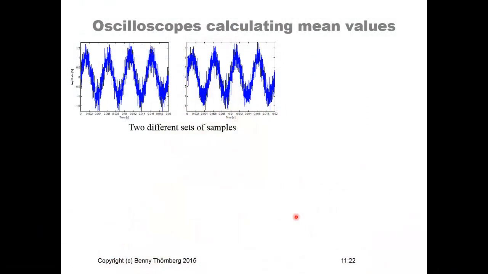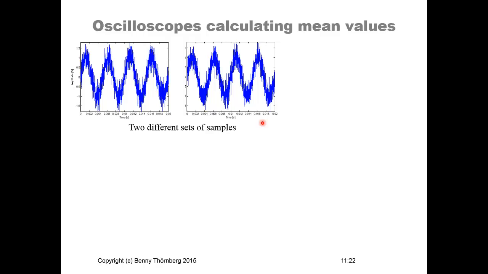We can have a look at these diagrams. It's a sinus waveform that is polluted with noise, and we have two sets of data samples, with an equal amount of data samples in each of these data sets.